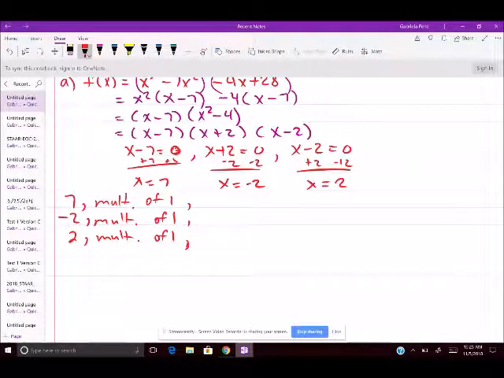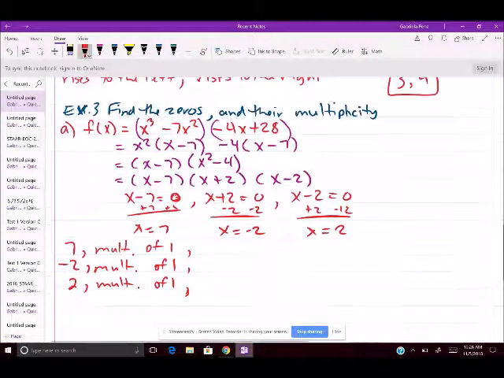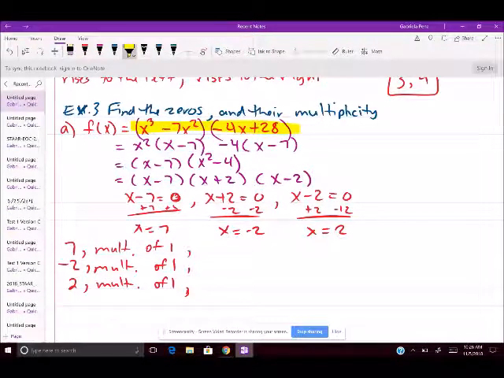Now, the next part is you need to know, is the graph going to touch the x-axis and turn around, or is it going to cross? And this is where you need your calculator. I don't have a calculator on the computer, so I can't show it to you, but please go on your calculator and graph this part, like the original problem, x cubed minus 7x squared.